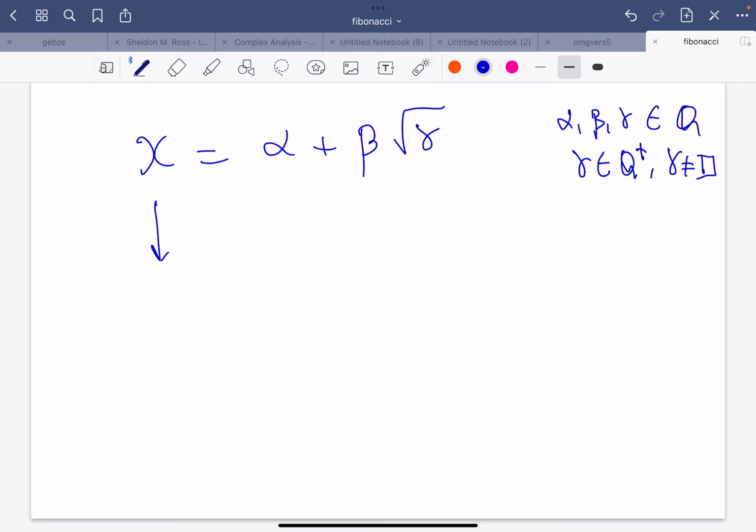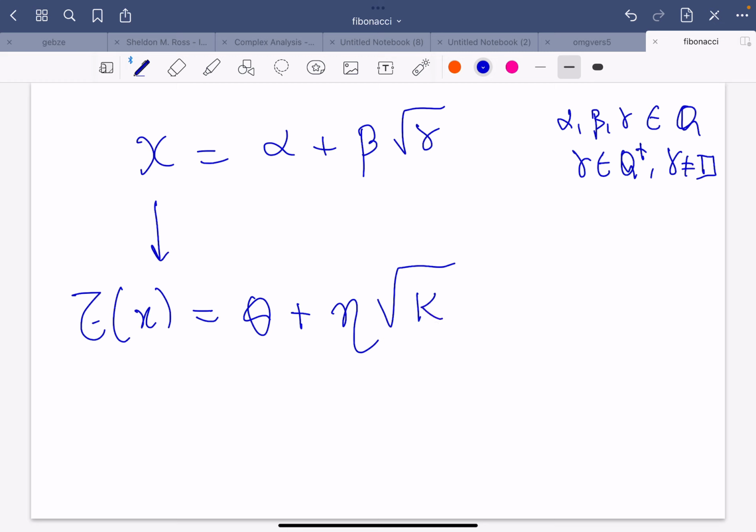Then Jimm sends this quadratic irrational to another quadratic irrational, theta plus eta square root of kappa. And the claim of conjugation with the Galois action says that Jimm sends the Galois conjugate of this to the Galois conjugate of this.